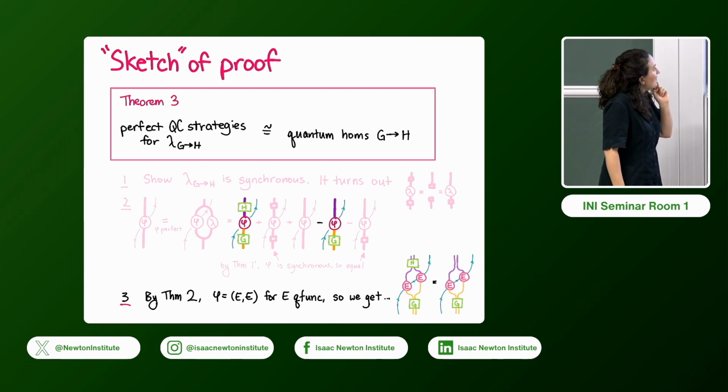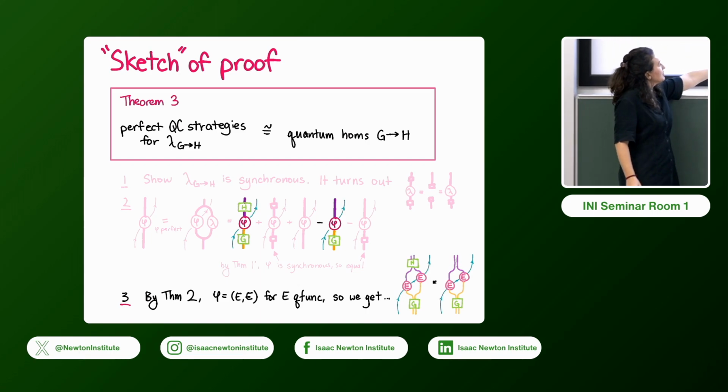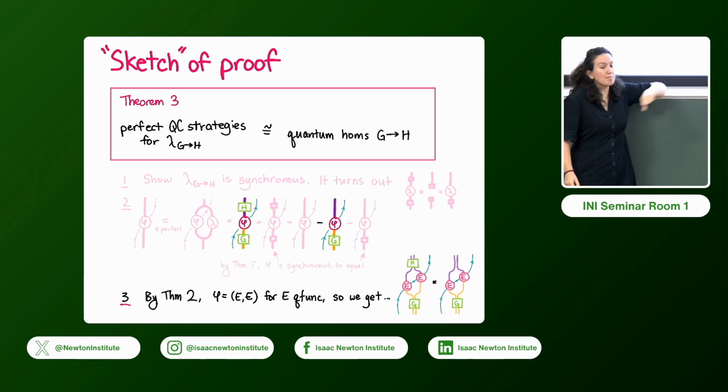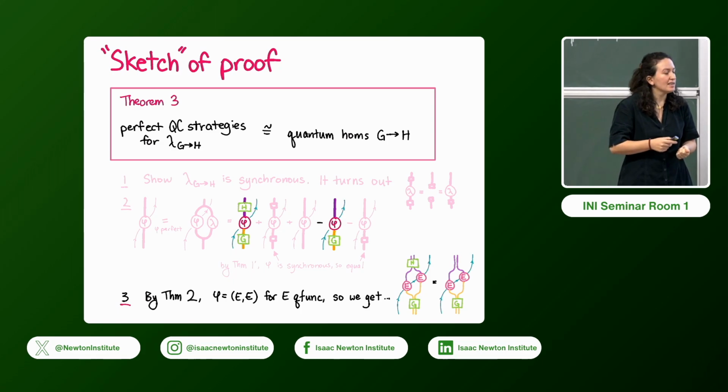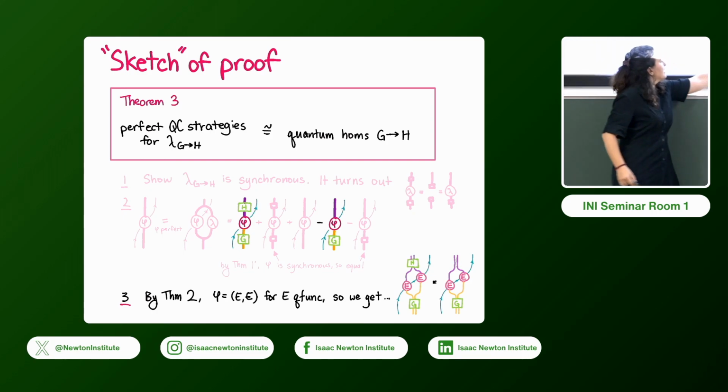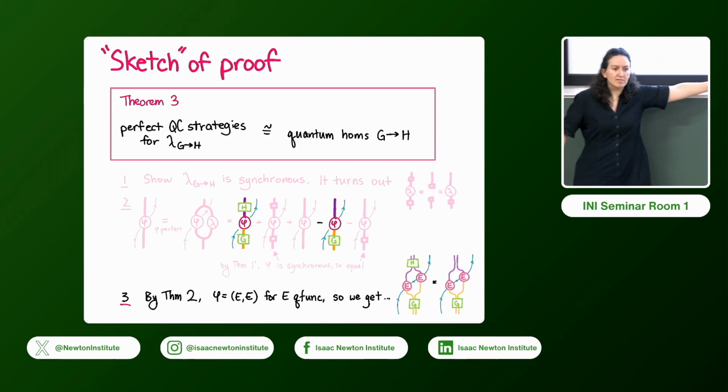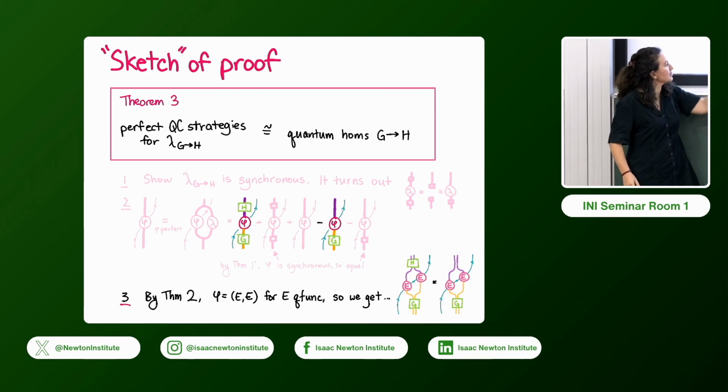Okay? And then we can use our theorem 2 to say that if we have a perfect quantum commuting strategy that is synchronous, it's forced to be 2 copies of the same quantum function. This is a non-trivial result to prove, this theorem 2 for quantum commuting.